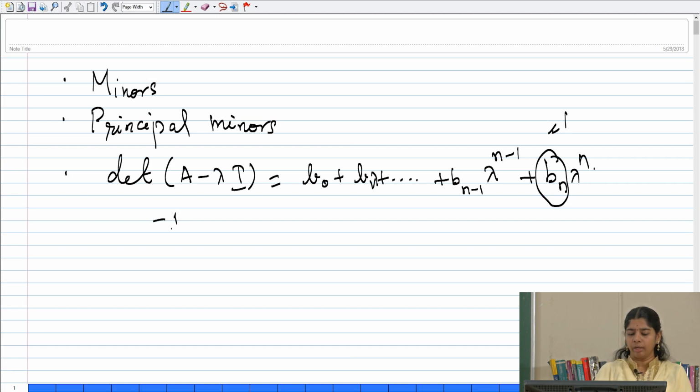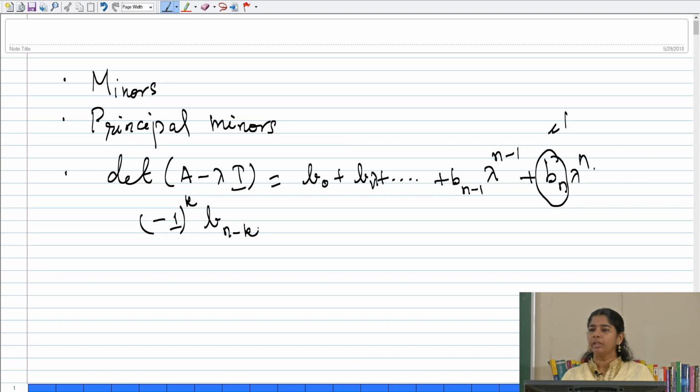So one result that we can think about is, if we are talking about the coefficient (-1) to the power of k into b(n-k), the n minus k coefficient, it is nothing but the sum of all principal minors of order k, the sum of all k by k principal minors, right?